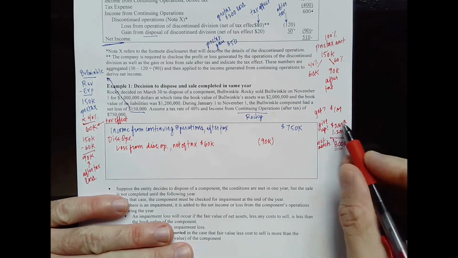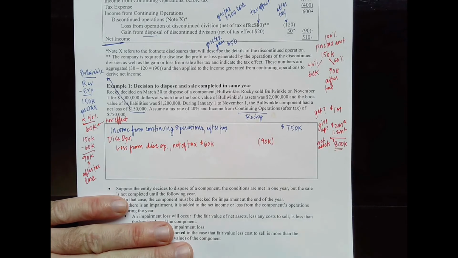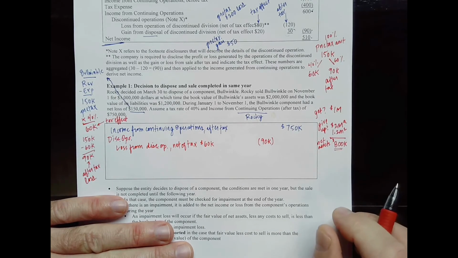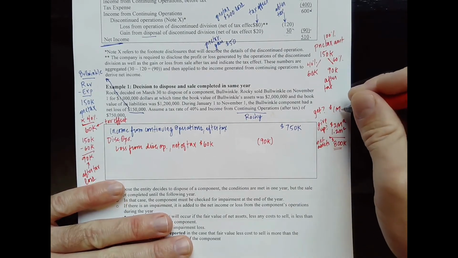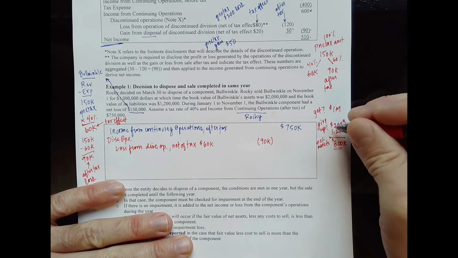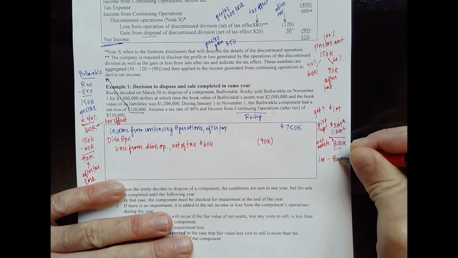Why? Because we gave up $2 million of resources, but that was mitigated or reduced by the fact that we also gave up $1.2 million of obligations. So what I got versus what I gave up would then be expressed as 1 million minus 800,000.